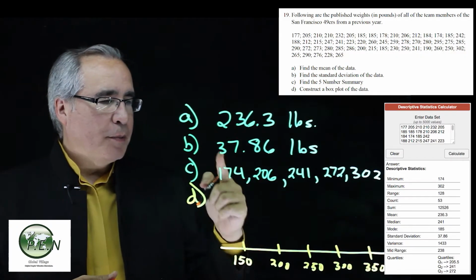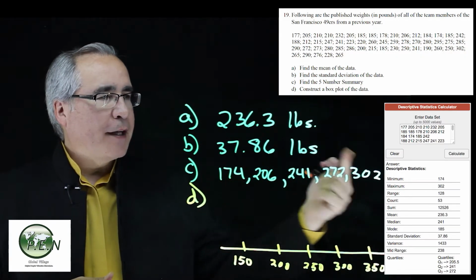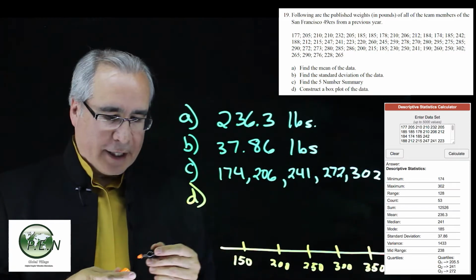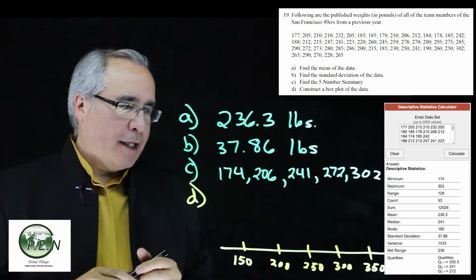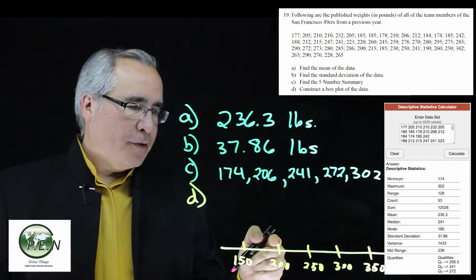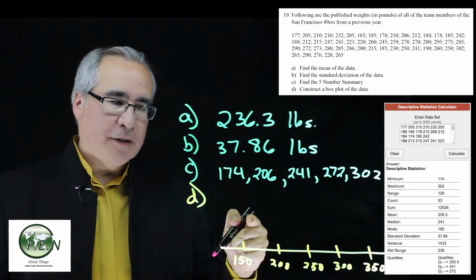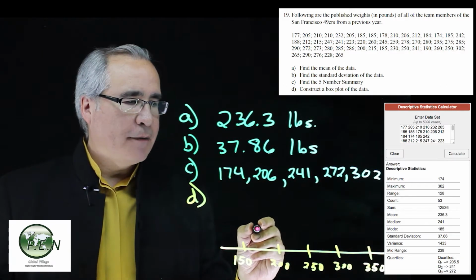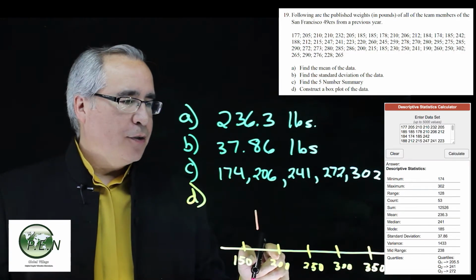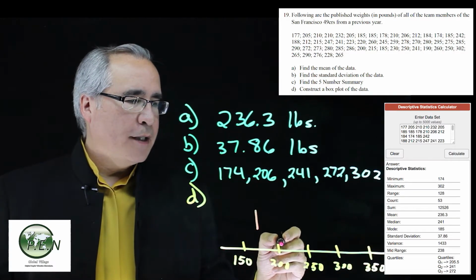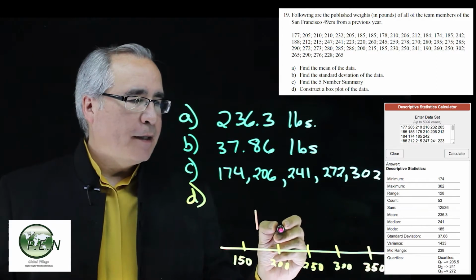And then again, what we do is we put a line everywhere one of the 5 numbers is. So 174, I kind of have to adjust and estimate. That's almost halfway between here. 175 would be exactly half, so probably can't really tell that difference. 206, so just a little bit bigger than 200, probably about here.